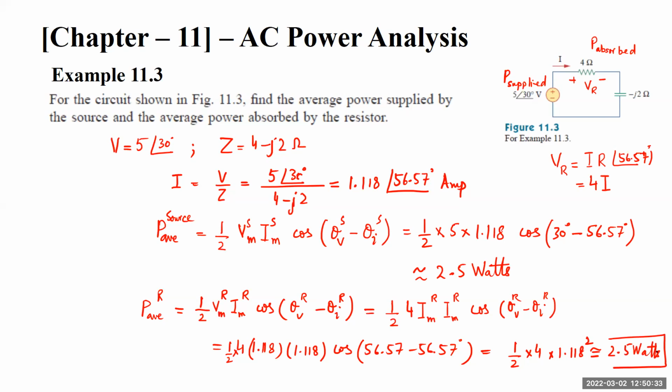So what we have seen is that our source is supplying 2.5 watts of average power, and our resistor is absorbing all the average power that is being supplied by the source.